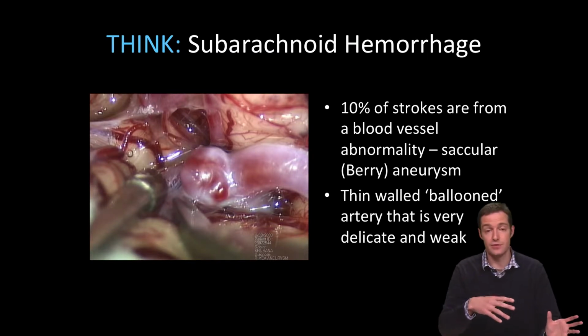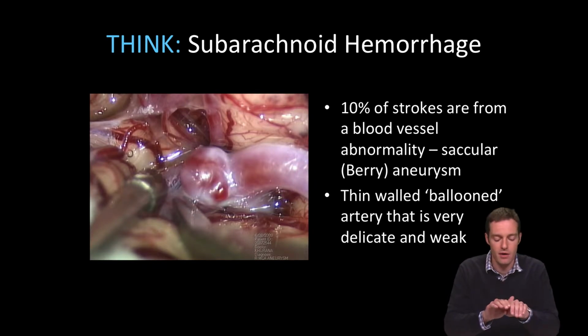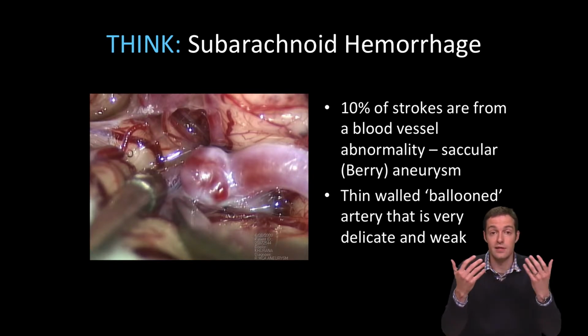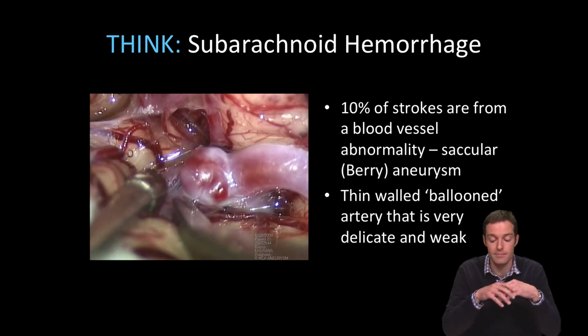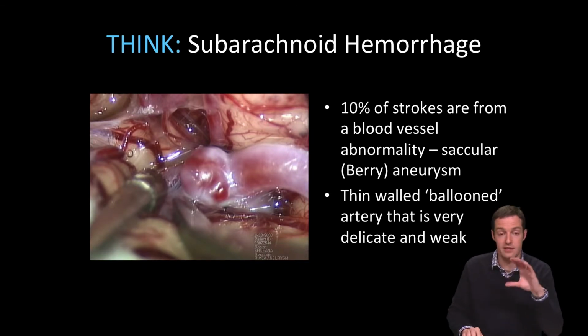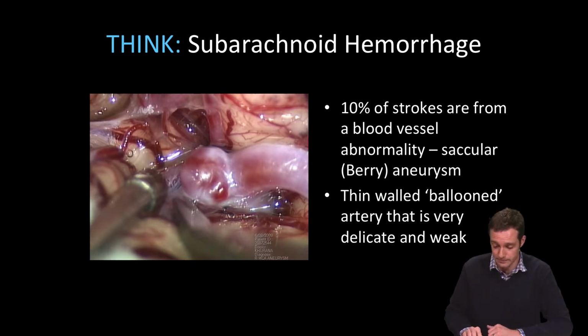There's multiple blood vessels in the brain and arteries in the brain, and a part of the artery itself will become weakened and ballooned, and as that area becomes weaker, it can actually tear, leak, rupture, and cause the stroke. So half of all hemorrhagic strokes are from Berry aneurysms. These thin-walled, ballooned parts of the arteries are very delicate and very easy to tear and bleed.